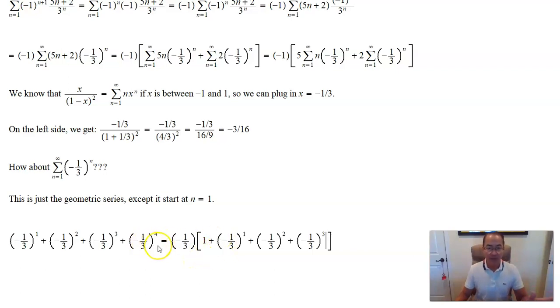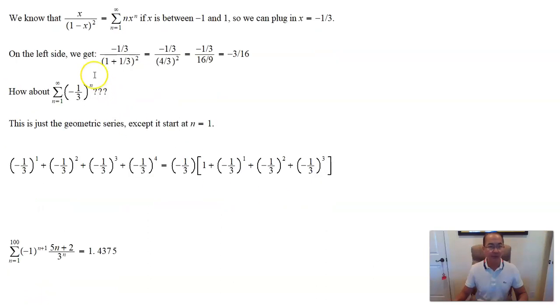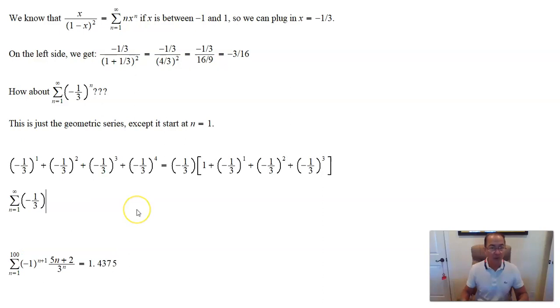Okay? Of course, this goes on forever, right? So eventually you're going to get the infinite series over there. And we basically just factor out minus 1/3 from the whole series. Okay? So minus 1/3 to the n. I did not capture the n. There you go. We can think of it as factor minus 1/3 on the outside.